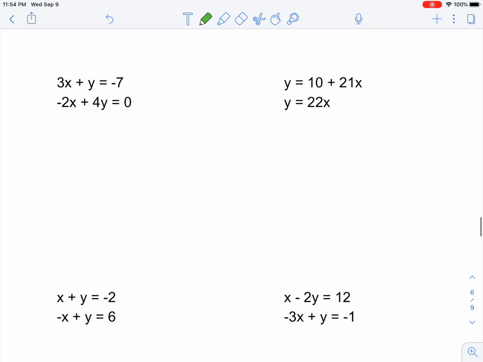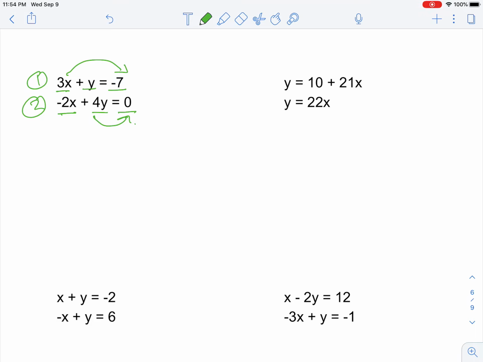Let's try this problem. Now you have 3x plus y equals negative 7. Now you have negative 2x plus 4y equals 0. Now the problem is we don't have a single variable on one side. So what we can do is move this 3x over in the first equation, or move this 4y over, and then divide so we can get a single variable on one side.